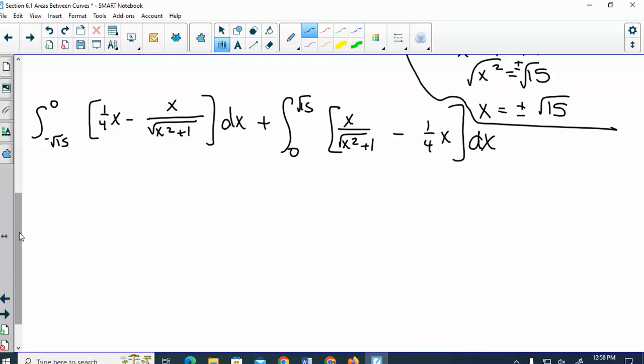I know this one's ugly. Okay, I'm using it to make a point in a few minutes, but have I lost anybody? All right. So if I go to integrate, I can integrate the 1/4 x just fine. Can I integrate this part just fine? Not really.